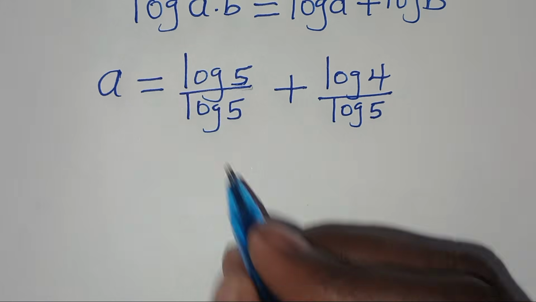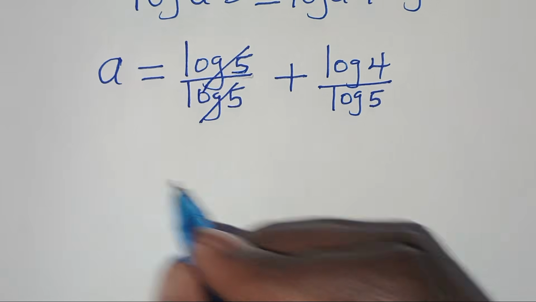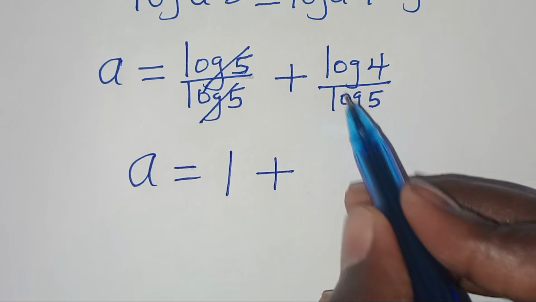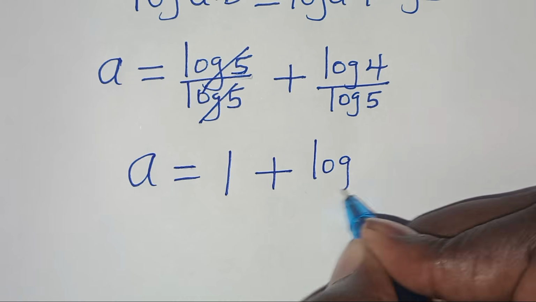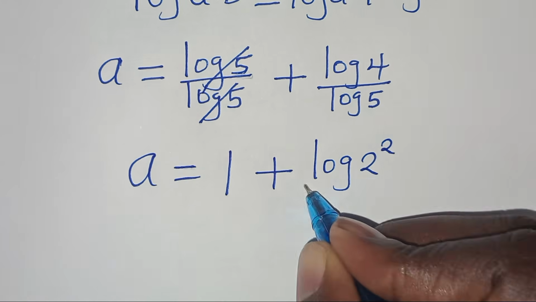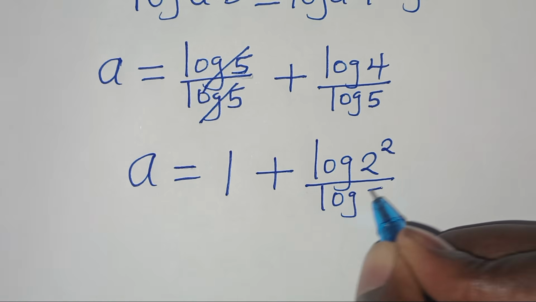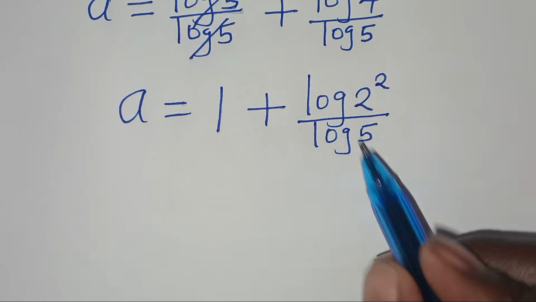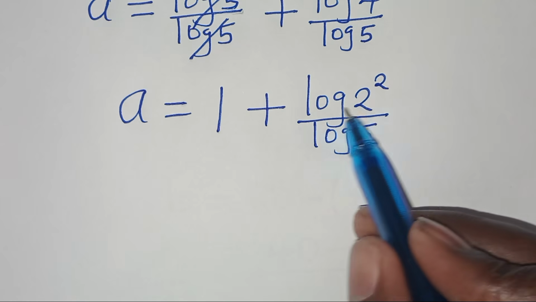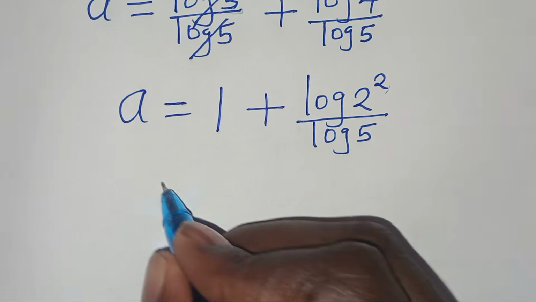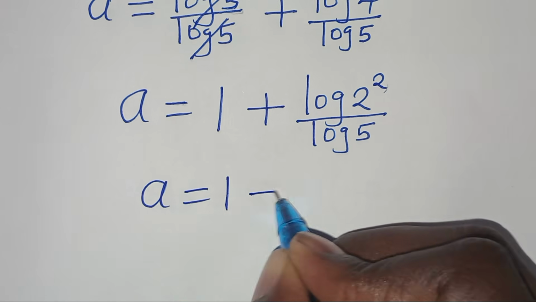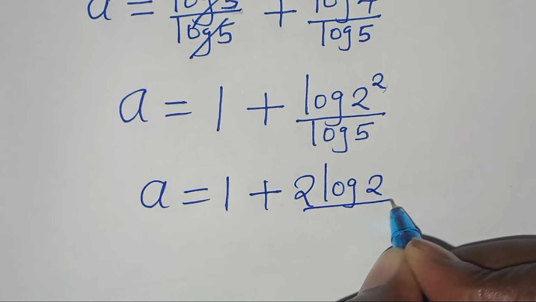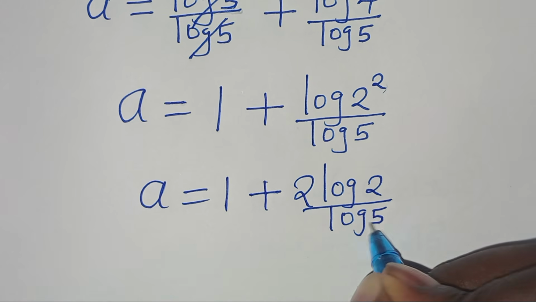Now the next step is to simplify log 5 and log 5 here, so that we have a is equal to 1 plus, now we can express log 4 as log 2 raised to the power of 2, then divided by log 5. So that now we have log 2 to the power of 2. Let's apply the power log property here, so that now we have a is equal to 1 plus 2 log 2 divided by log 5.